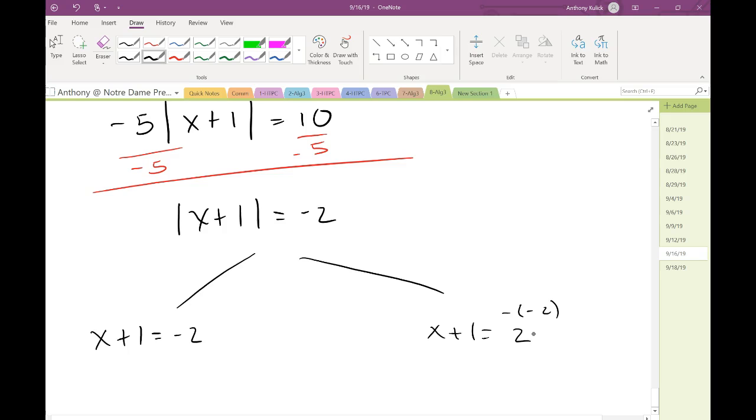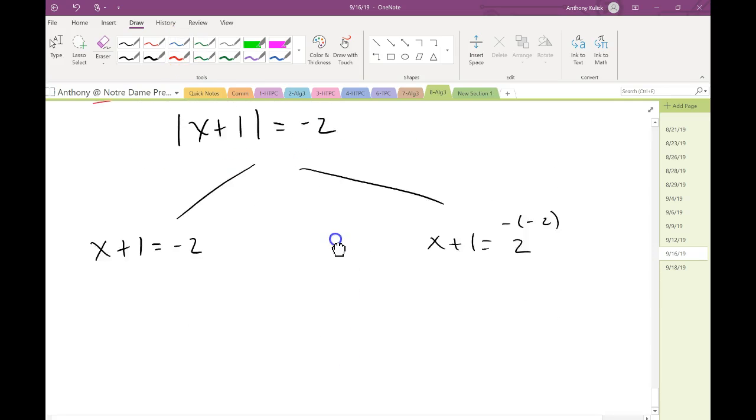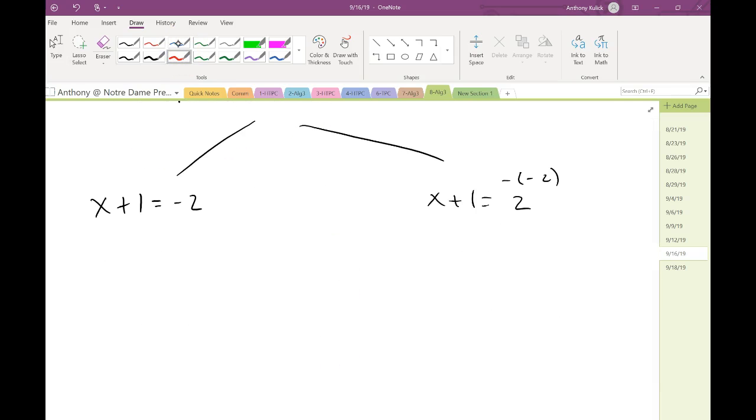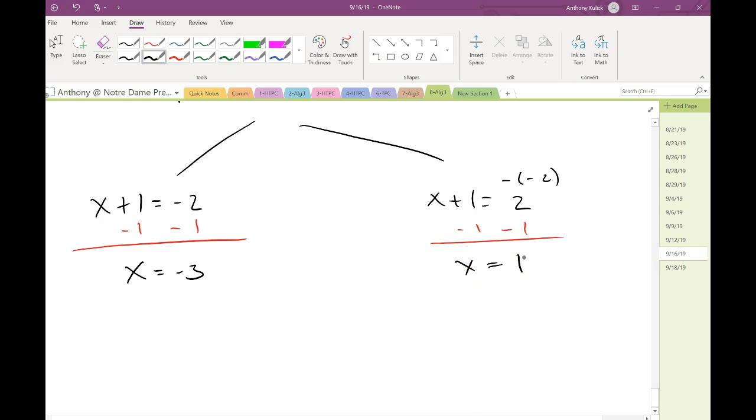Either is fine. Okay? So we have our two linear equations. What should we do next? Yeah, solve each one of them. So we'll do that by subtracting 1 from both sides. I'll get negative 3. And subtract 1 from both sides, I'll get positive 1.